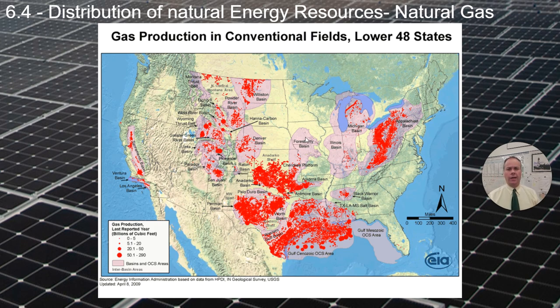So again, we often find natural gas in association with crude oil. So again, we see a lot in the Gulf of Mexico, a lot in Texas, in California, North Dakota. So we see a similar pattern, but then we also see this gas that's present here along the Appalachian Mountains, and again, into Pennsylvania, and this is where we'll get into hydrofracking.